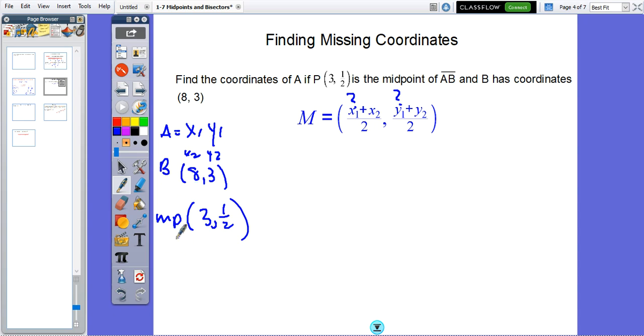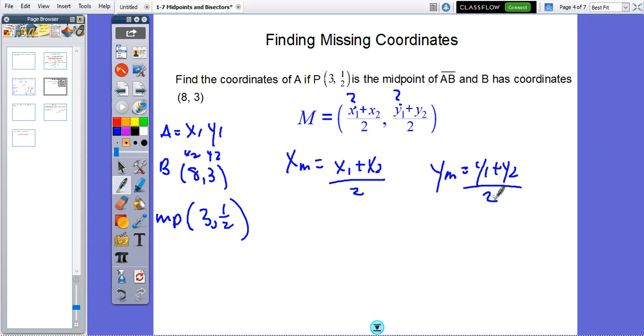Well, we set it up as we're looking for the midpoint. So as the formula goes, we got x midpoint equals x1 plus x2 over 2, and y midpoint equals y1 plus y2 over 2. As we go to set this up, we will say our midpoint x value, which is the 3, equals our x1, that's what we're looking for, plus our x2, 8, over 2.